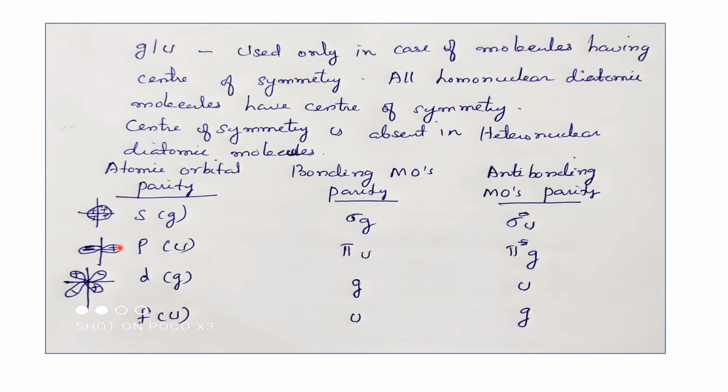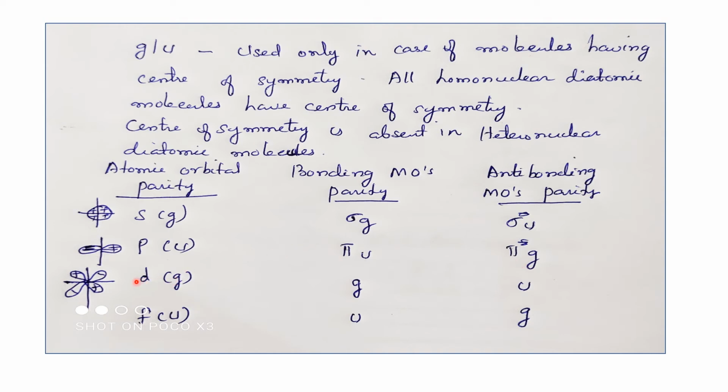That is, it represents ungerade. Bonding molecular orbital is also ungerade. But anti-bonding molecular orbital is gerade.